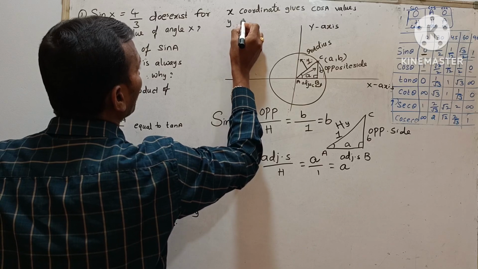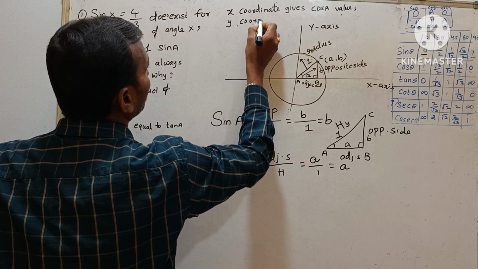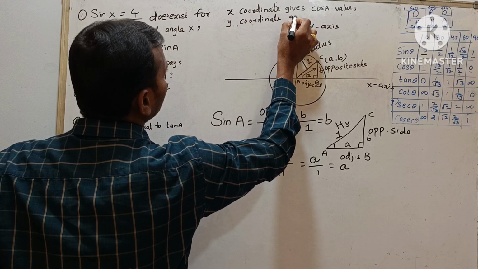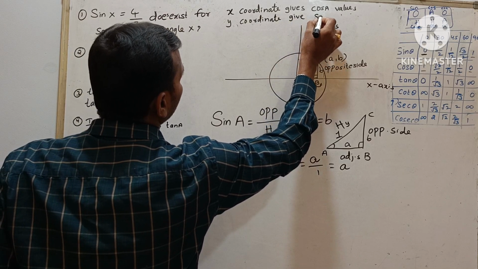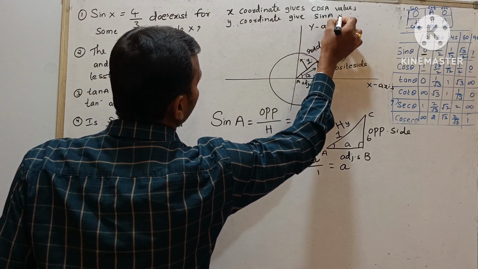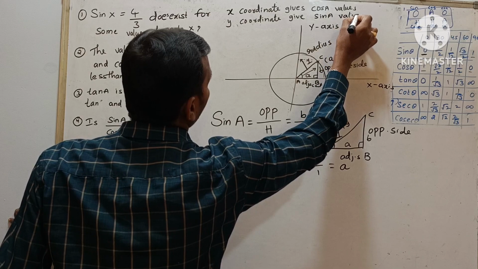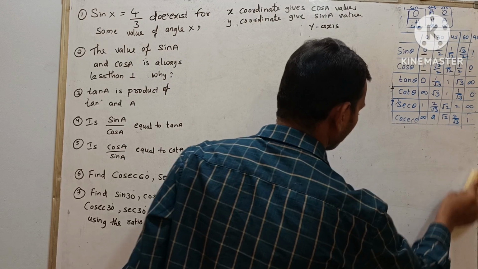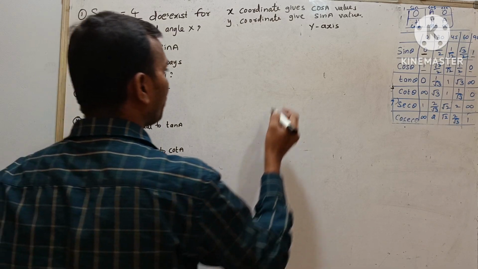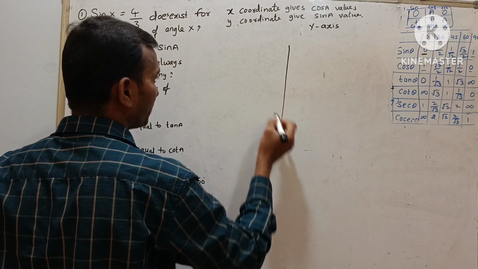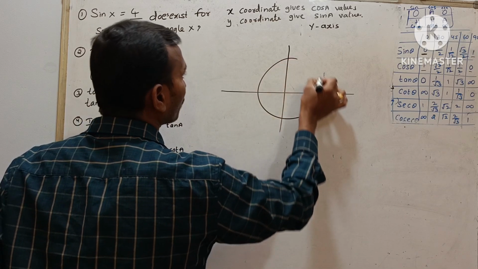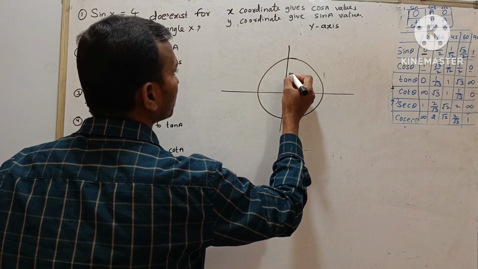Similarly, y coordinate gives sine values. Now, simply if you want to remember this, just draw a circle with 1 centimeter radius.